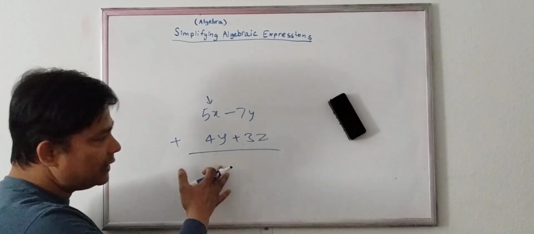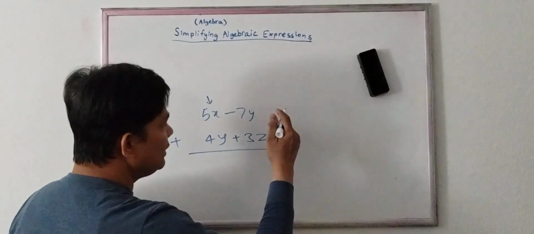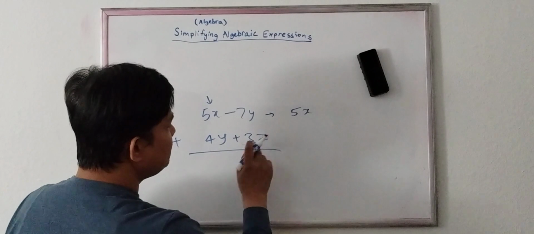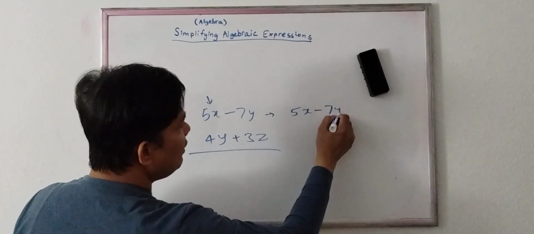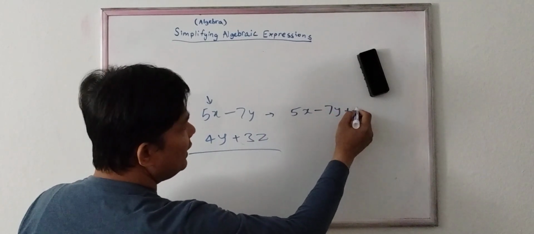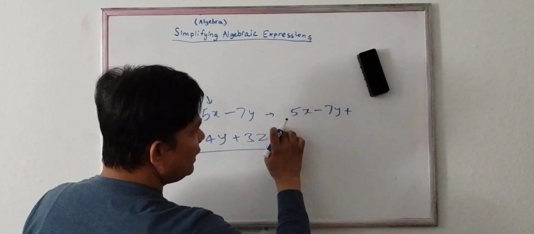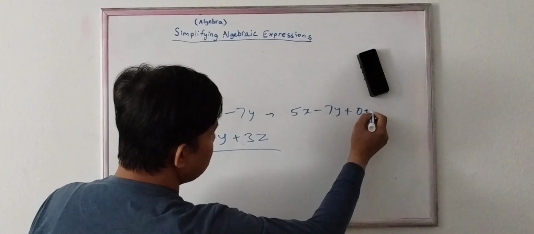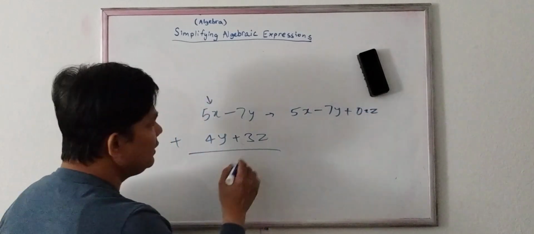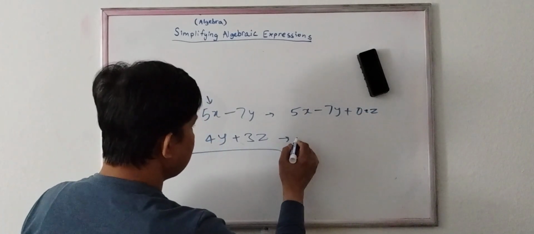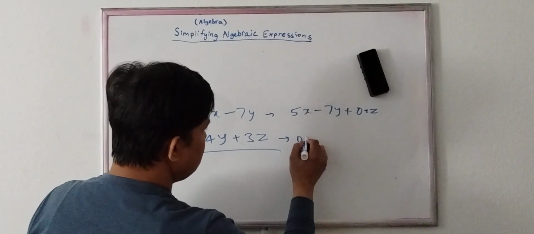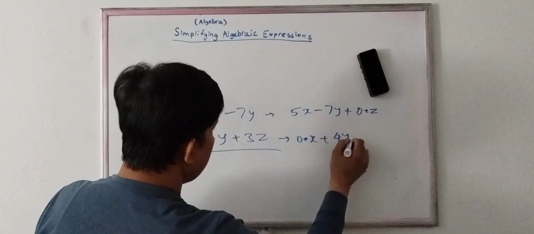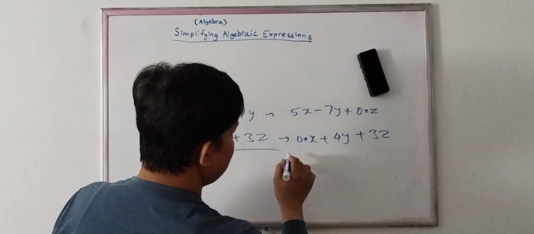It's the same thing we learned previously. We'll add that variable. So I can write this one as 5x minus 7y plus 0 times z, since I don't have z here. If you add 0 to this expression, it will not change. And then here you can write 0 times x plus 4y plus 3z.